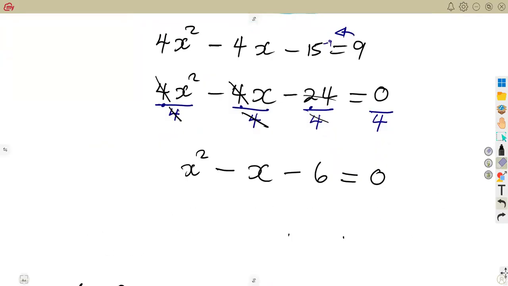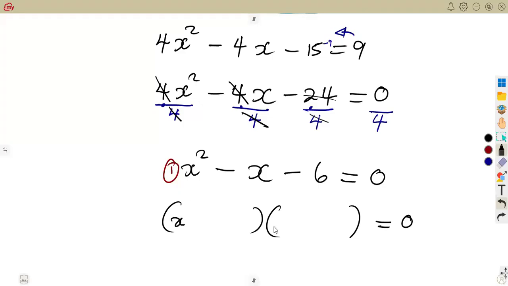This is the basic of our factorization, because the coefficient of x squared is 1. So we are going to have 2 brackets equal to 0 like that. Remember, x here, x there. The 2 numbers you multiply must give you minus 6, and when you add the numbers, you must get a negative 1.